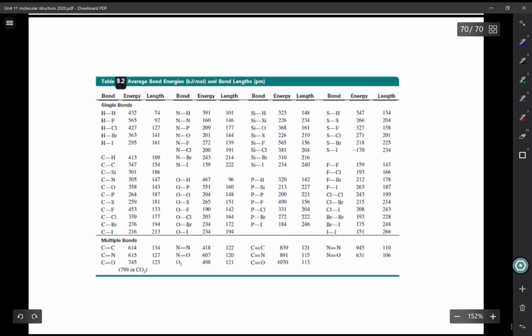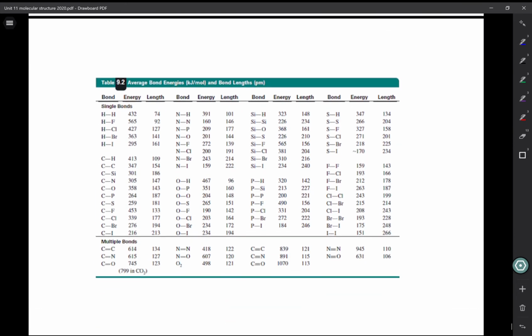Now, this is an example of a table of some bond energies. On tests, you'll be given this data, either this table or just the selected data that you need. As you can see, there's a whole wide range of values. One thing to note: the carbon-carbon single bond energy is 347 kilojoules per mole, and the carbon-carbon double bond is 614.